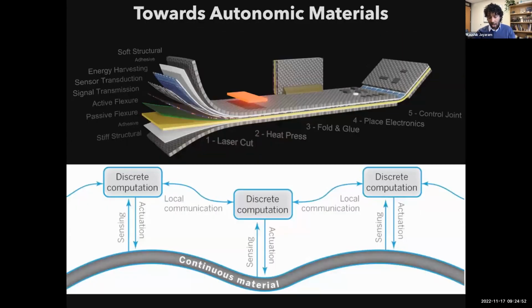That's great. So the vision for all of this work is that by incorporating these complex heterogeneous materials into a single stack, we can go towards this holy grail of autonomic materials, which have been broadly defined as materials which can sense, actuate, communicate, and do computation all within.